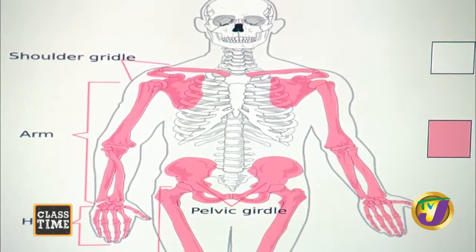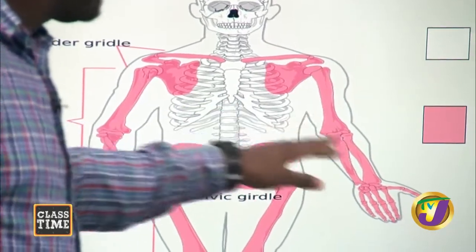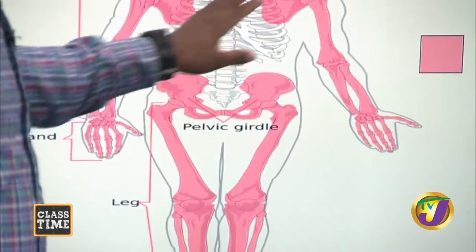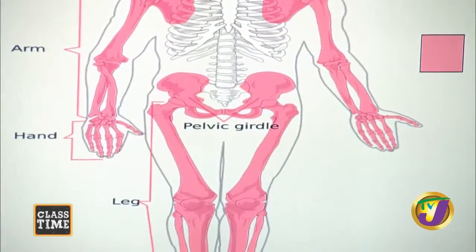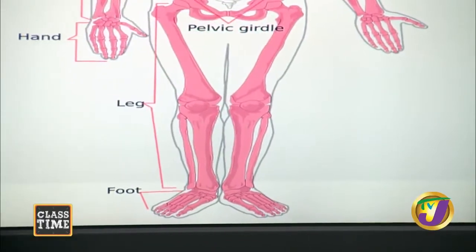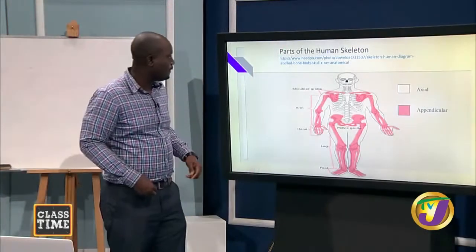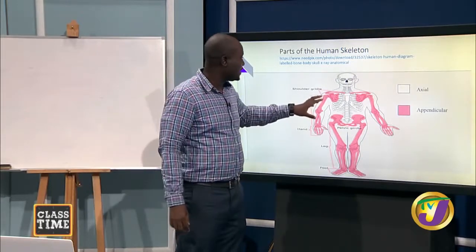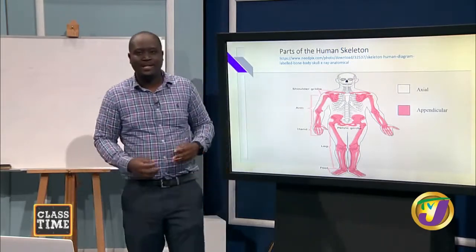And then you have the appendicular skeleton, which branches off from the main axis. So you have your limbs, with your hands and your legs, as well as the girdles. And the girdles in the skeleton are those things that attach the limbs to the axial skeleton.